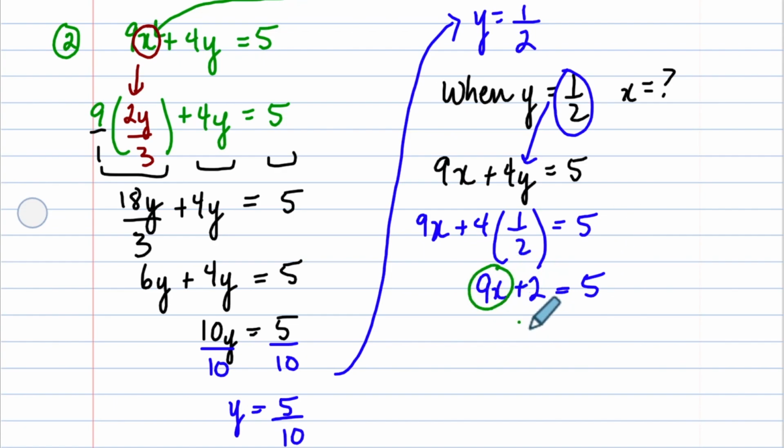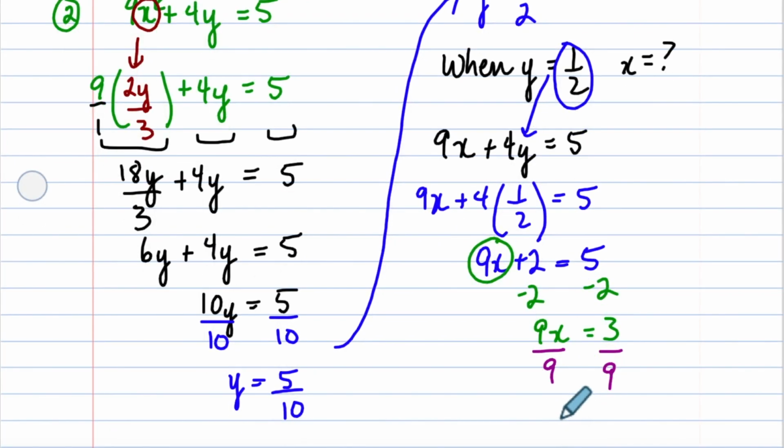Isolate 9x by subtracting 2 both sides. 9x is equal to 3. Divide by 9. Divide by 9. X is equal to 3/9, or x is equal to 1/3.